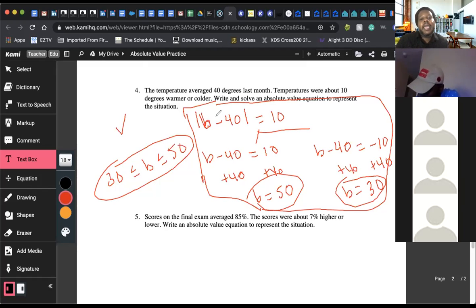What we're working with here, we're always going to represent with a negative like this, because we are trying to figure out if 40 is the average, but it can go up 10 more. That means the highest it's going to be is 10 above it. So it's going to be 50 minus 40, because we're always looking for the maximum.